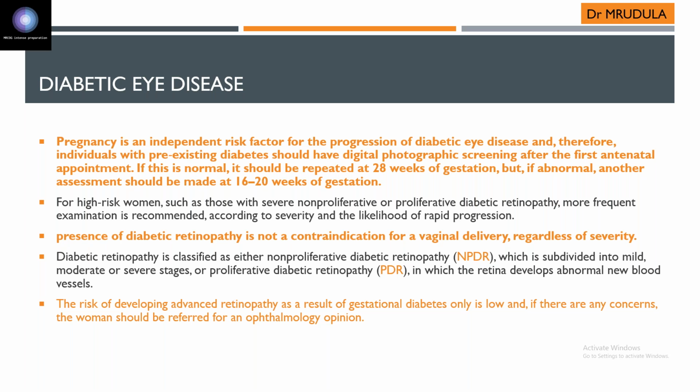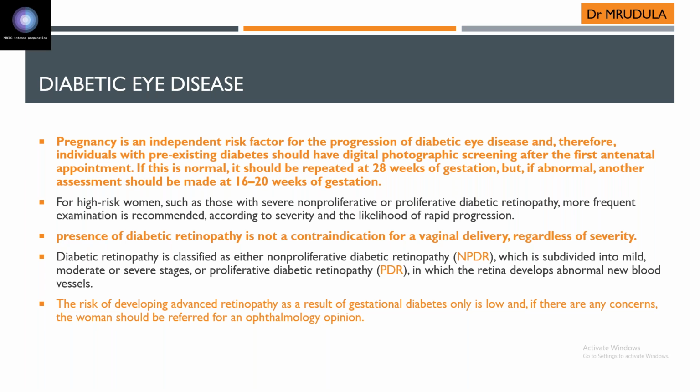Now for high risk women who already have changes of either non-proliferative, severe non-proliferative or proliferative diabetic retinopathy, more frequent examinations are recommended depending upon the severity and likelihood of progression. But remember, presence of diabetic retinopathy is not a contraindication for vaginal delivery regardless of its stage.